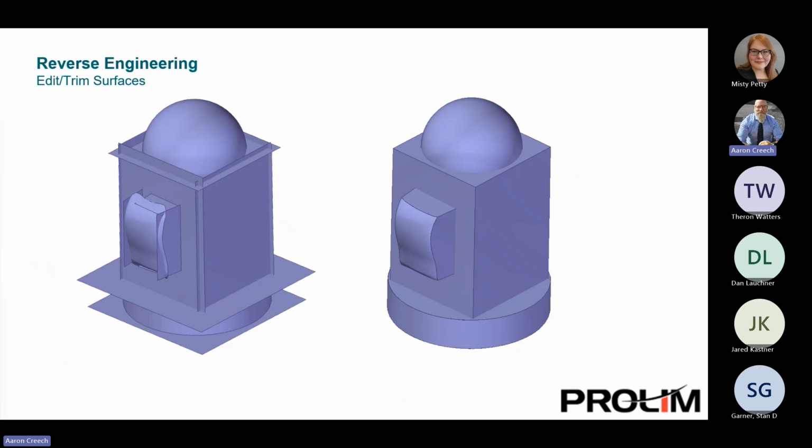Then the next stage would be to edit and trim the surfaces. Once you've extracted all the desired surfaces that you need for the mesh, use the Solid Edge surfacing tools to trim, extend, split, or modify as needed. And then here's the finished result. On the left-hand side, you can see it's just a bunch of overlapping surfaces. And I will state that the overlapping surfaces are very important.